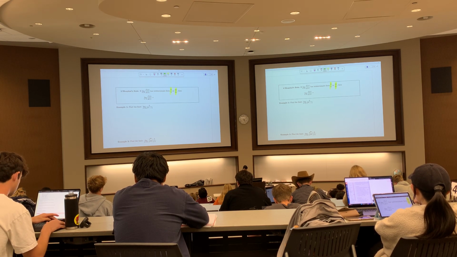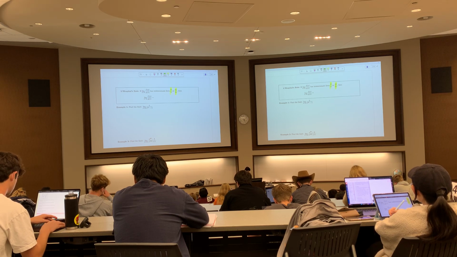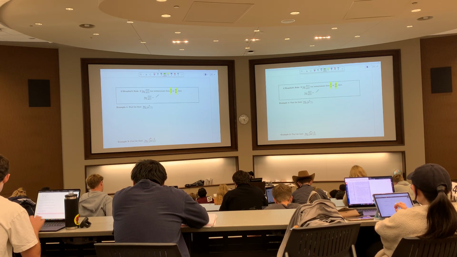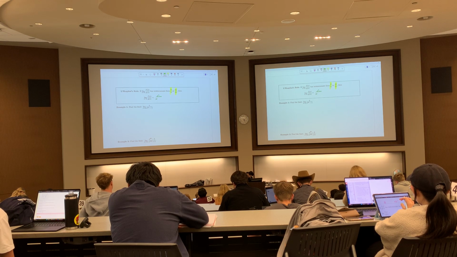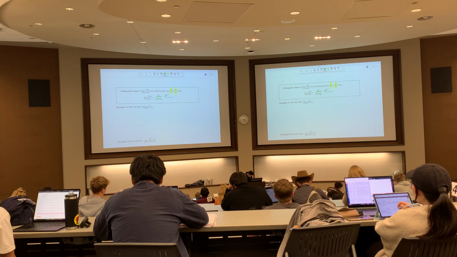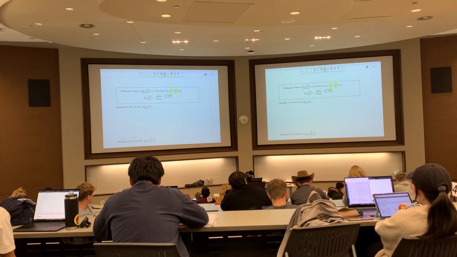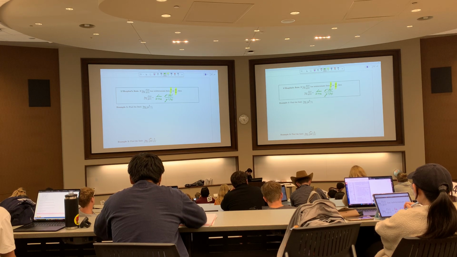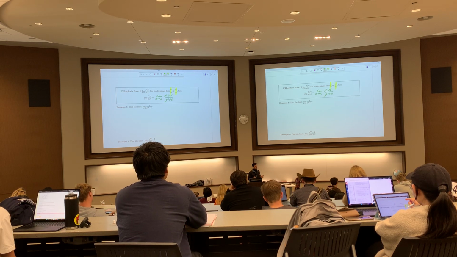So we take the limit as x approaches a. We take the derivative of f of x and the derivative of g of x. L'Hopital's rule is absolutely simple.